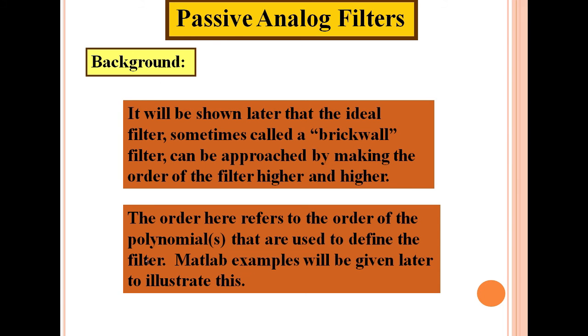Then passive filter, analog filter: it will be shown later that the ideal filter, sometimes called the brick wall filter, can be approached by making the order of the filter higher and higher.